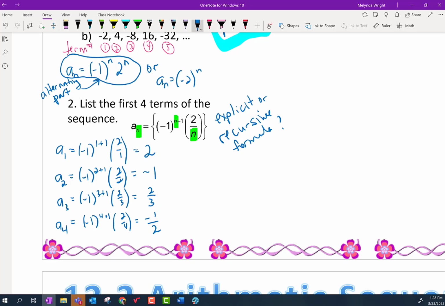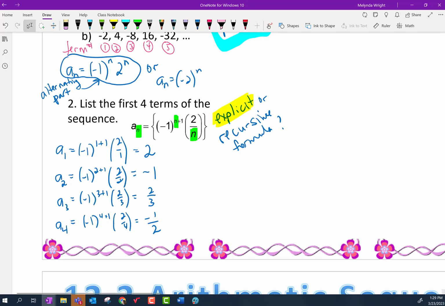Okay, this is explicit because it doesn't list terms for us, and it doesn't make us find the next term by knowing the previous term. Recursive, like I said, is a very specialized kind of formula where the only way to get the next term is knowing the term before it. So this one is explicit, which is our norm. That's our default.